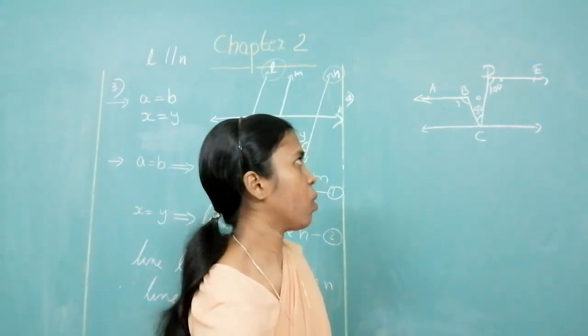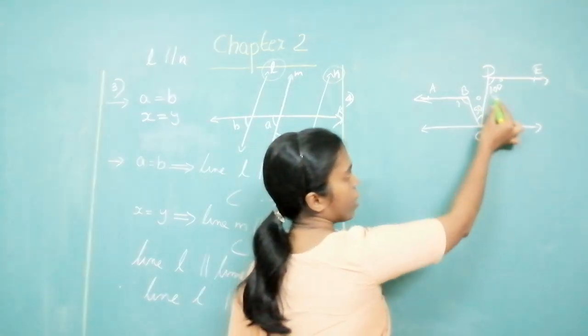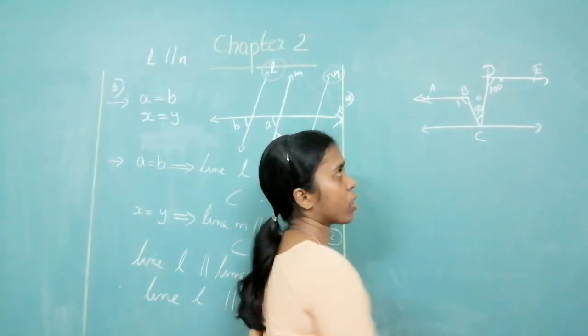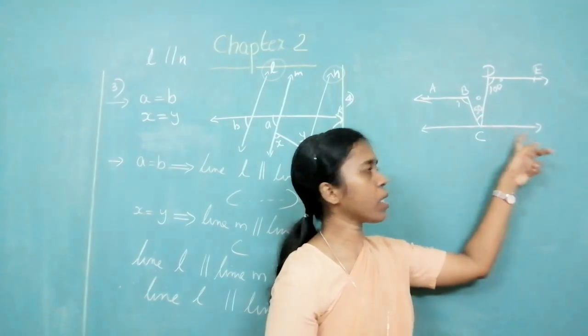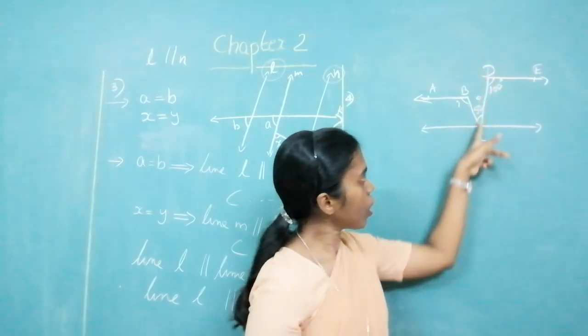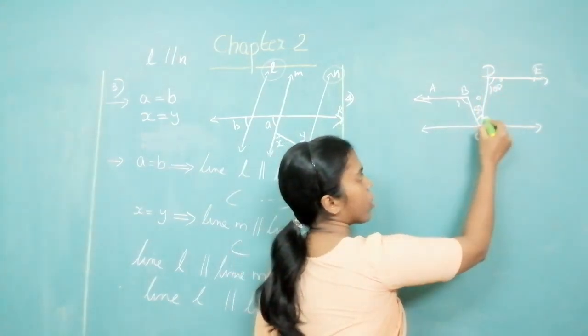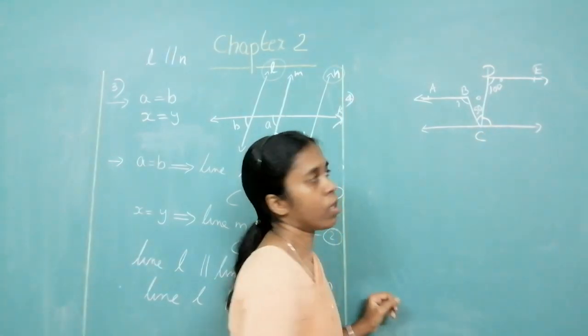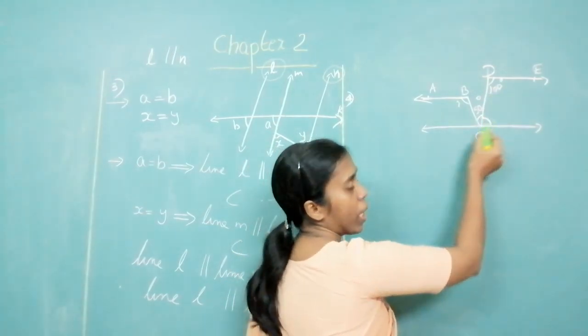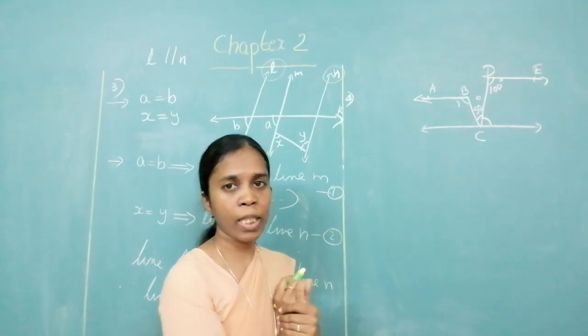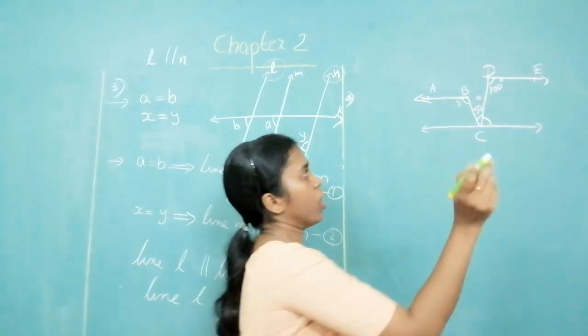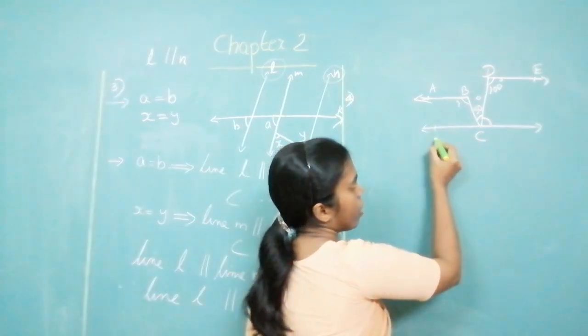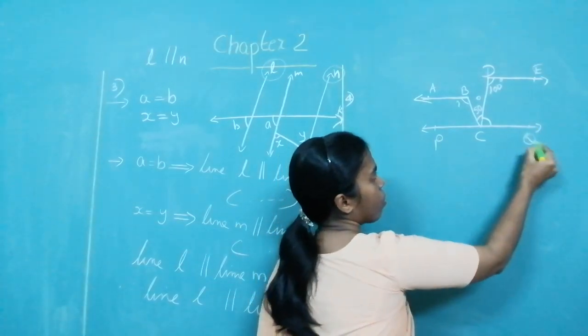Okay. Now, what is given to you? This is 100 degrees. Now, this is parallel to this. Repeat, this and this are parallel. This is your transversal. So, what can you say about this angle? This plus this is 180 degrees. Why? It is an interior angle. Before you go for that, please name this line PQ.